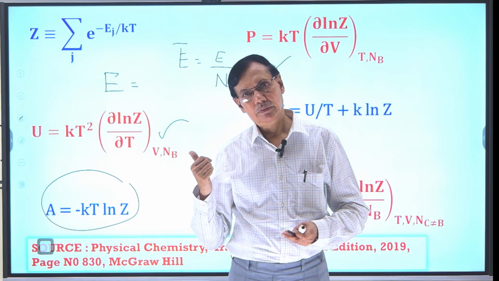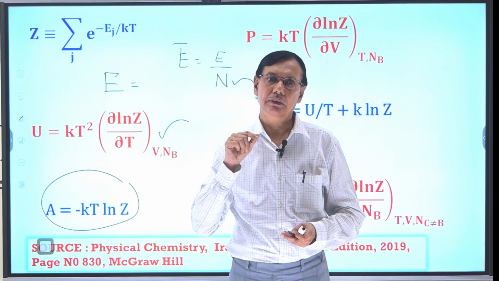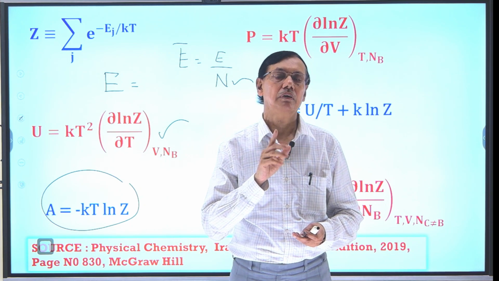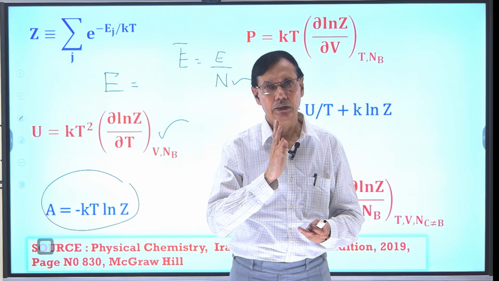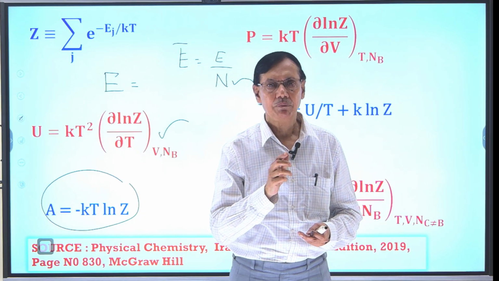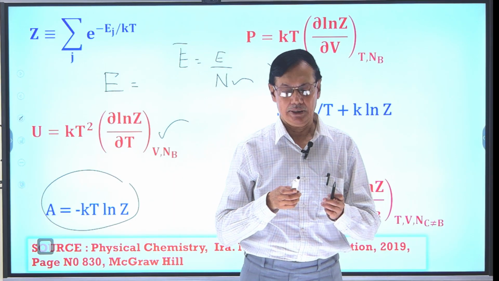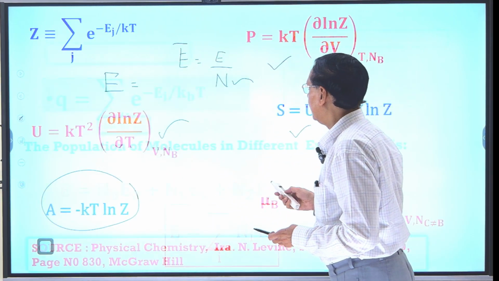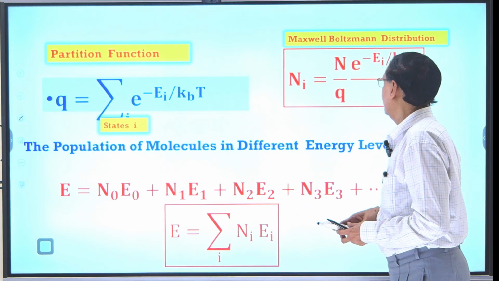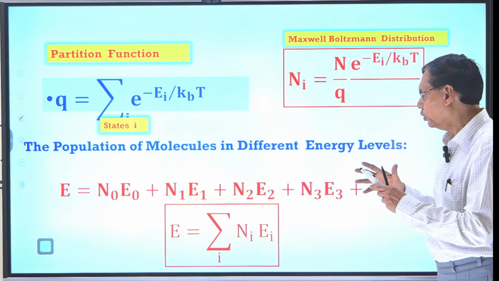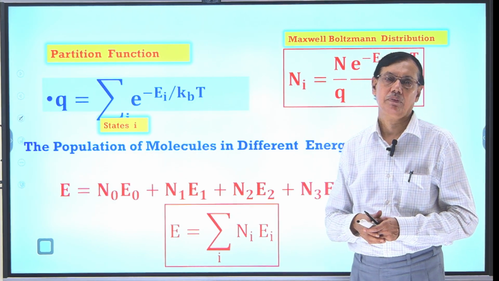Today in this lecture I will determine the molecular energy, average molecular energy or internal energy, using the molecular partition function. Now you know that we need two important formulas.